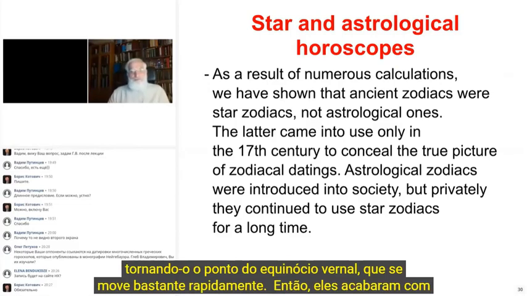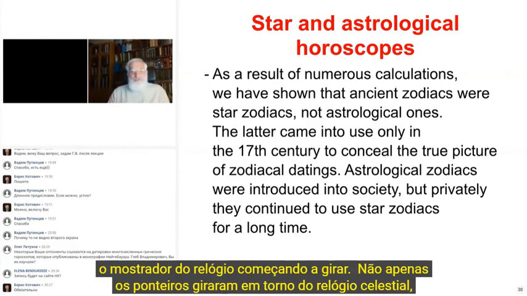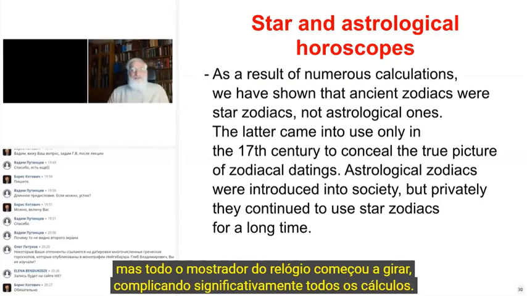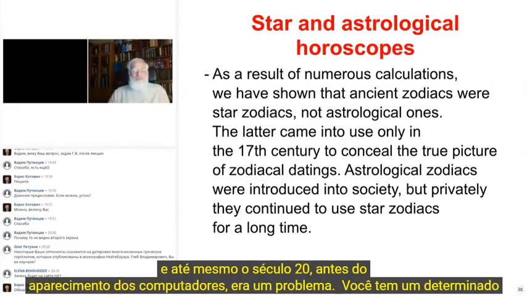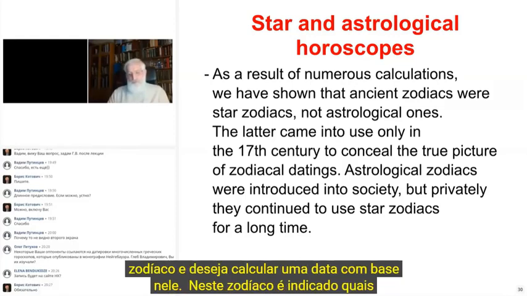So, they ended up with the clock face starting to rotate. Not only did the hands go around the celestial clock, but the entire clock face began to rotate, significantly complicating all calculations. Of course, for modern computers, this is not a problem, but for the 17th, 18th, 19th centuries, and even the 20th century before computers appeared, it was a problem. You have a certain zodiac, and you want to calculate a date based on it.